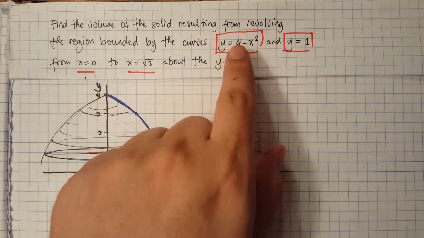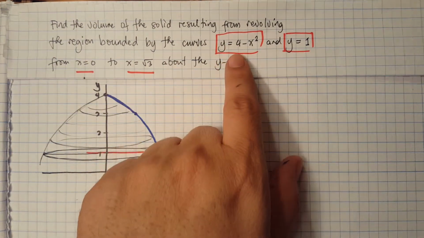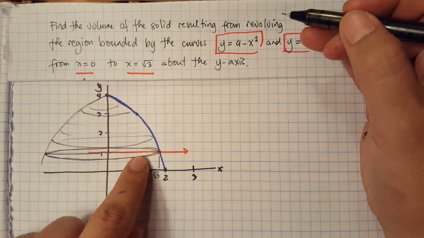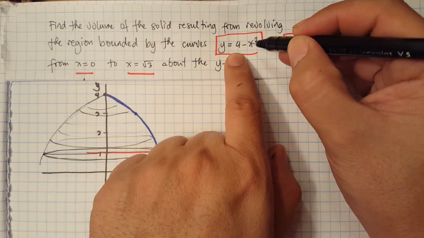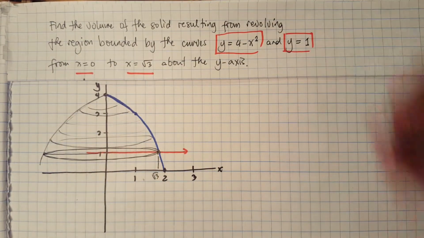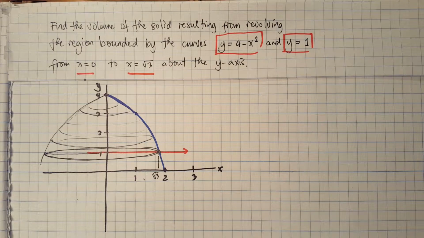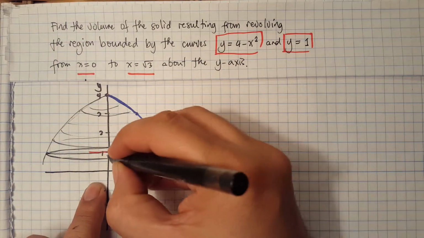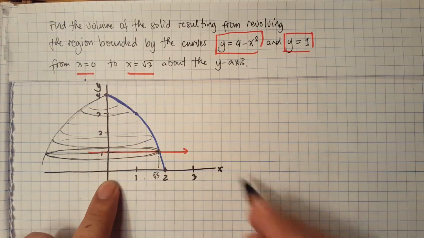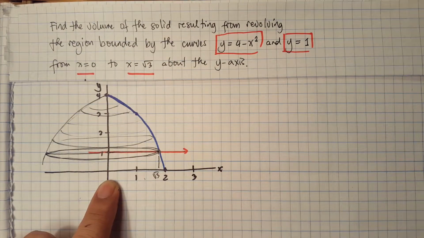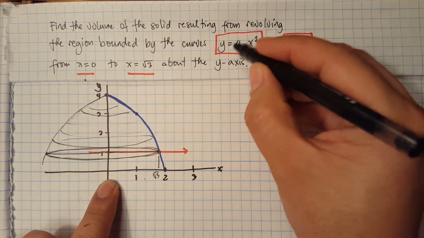Now what we have here is a function of x. Remember that in the formula, our function value determines the radius of the representative disks. In this case, our radius is actually given by the x values. So that means we have to rewrite this.